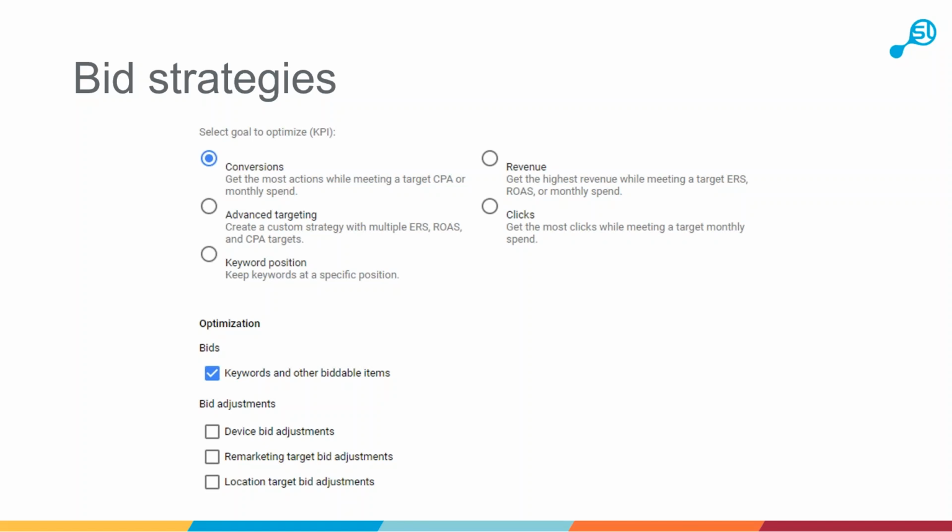Search ads calls this ERS, effective revenue share. So depending on what your business is, you can choose the appropriate strategy in search ads. You also see there's different options for keywords, device bid, remarketing, and locations, all of which you can tailor to basically give search ads the ability to bid on all of these items, tailor or restrict as you may need.